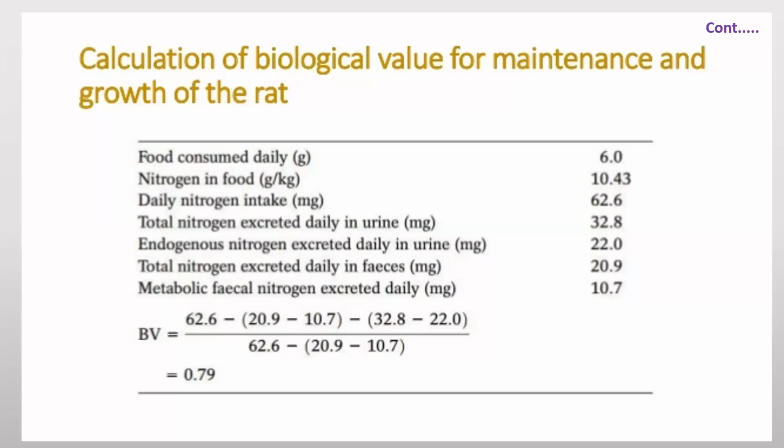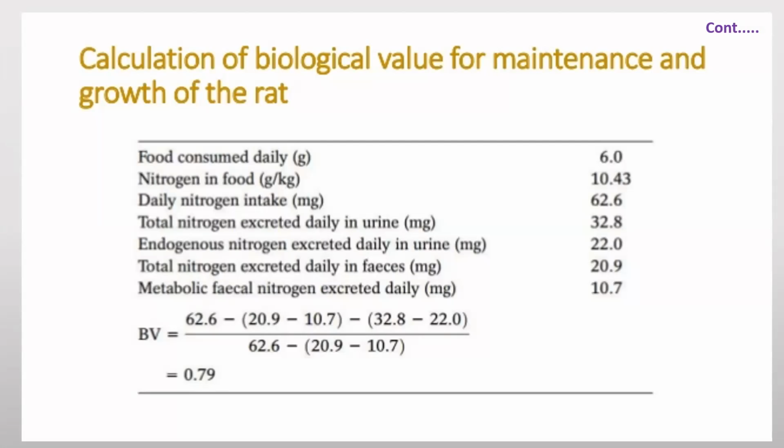Here you can see how we can calculate the biological value for maintenance and growth. This is an example in rat. Like that we can calculate in other species also.